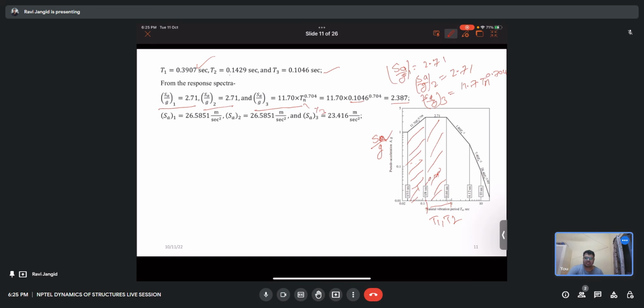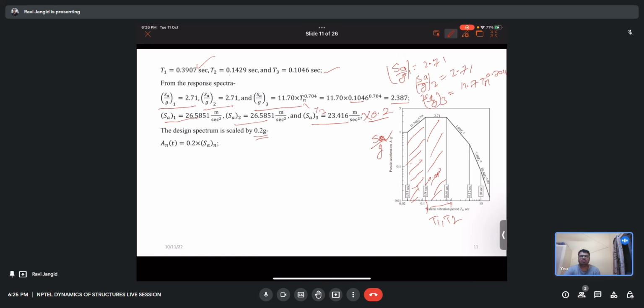Okay, so we multiply this with g to get Sa1, Sa2, Sa3, and here it is given that your response spectrum is equal to 0.20. So if I scale it by multiplying with 0.2, I will get my spectral acceleration. So the design spectrum is scaled by 0.2g, that is given in the question itself if you read it properly.